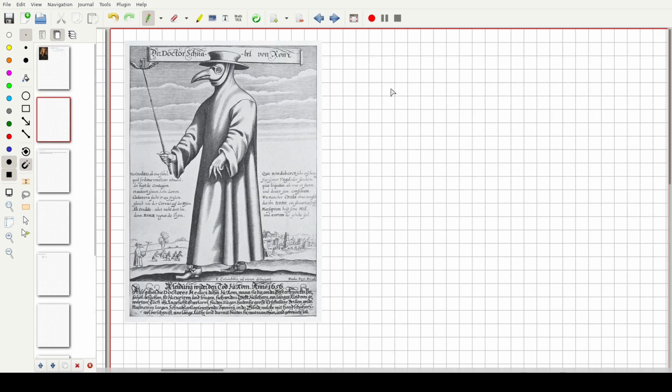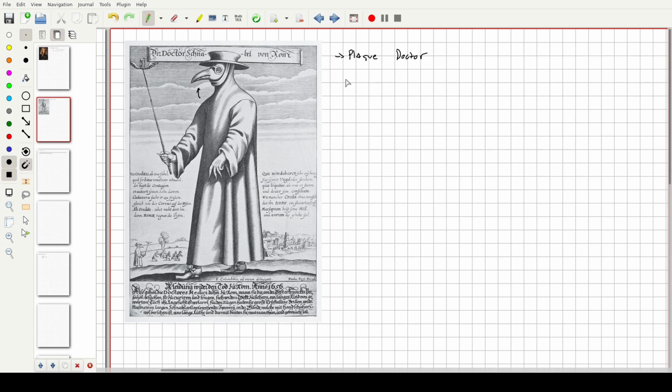Now, this right here is a plague doctor. Most people, I'd imagine, have seen this. You see the bill like that, and maybe it invokes some bad period movie or something like that.